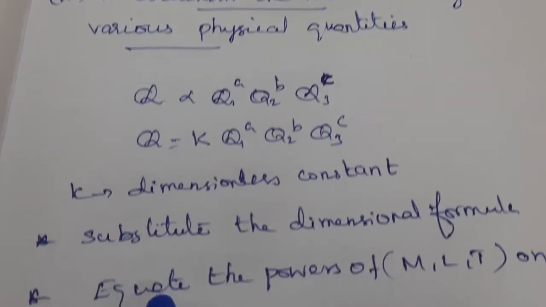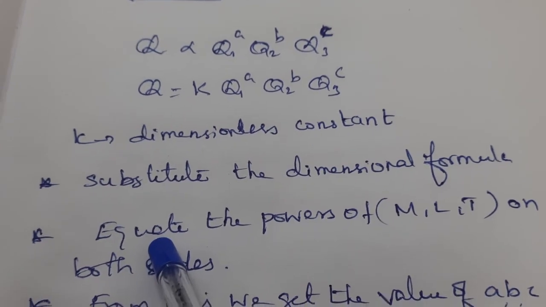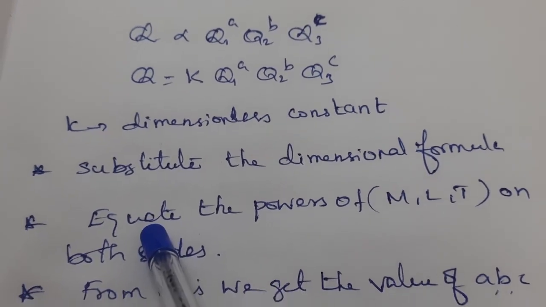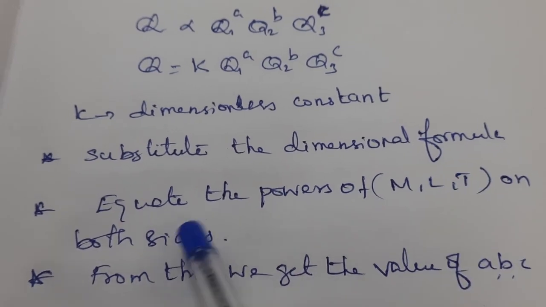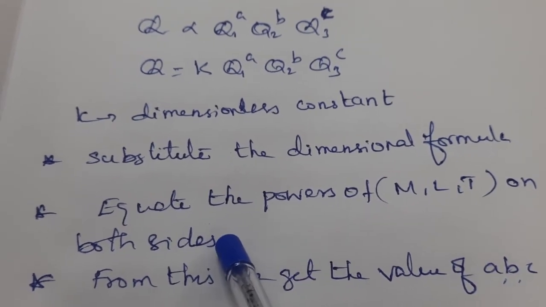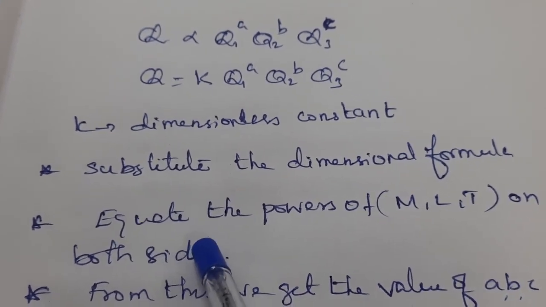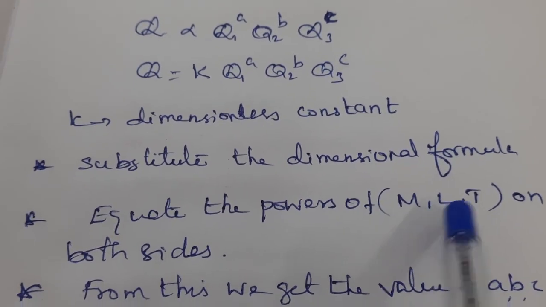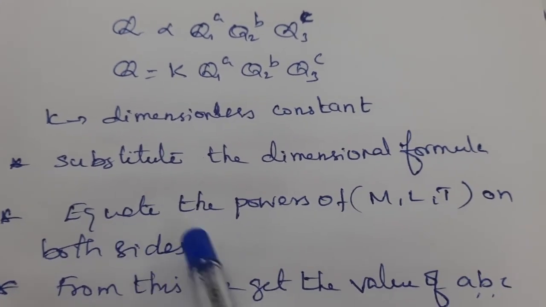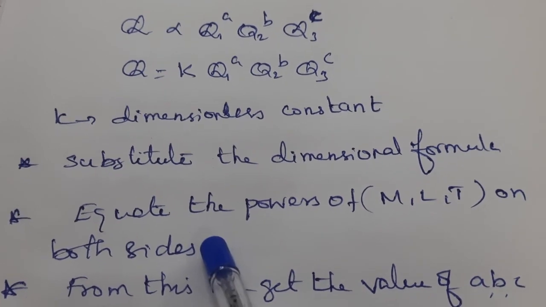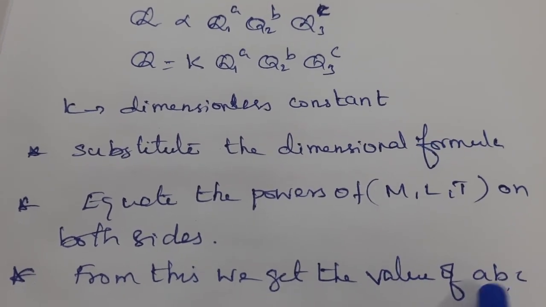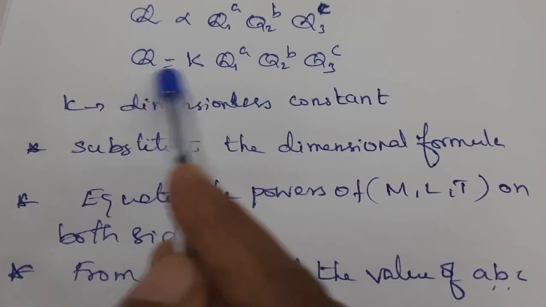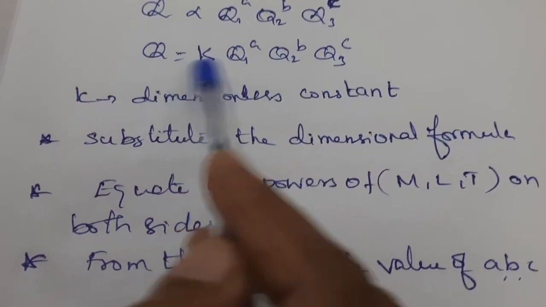Next step, according to the principle of homogeneity, equate the powers of MLT on both sides. By equating we will get the values of A, B, C. After substituting A, B, C, we can find out the relation among these quantities.